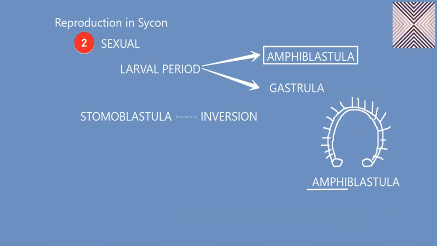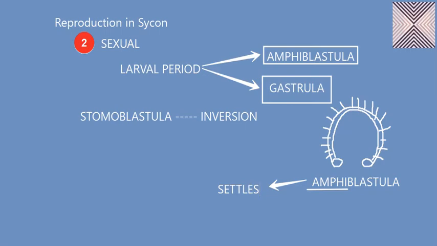Now we start with the second phase, which is the formation of the gastrula. What happens is that this amphiblastula is now free in the water, it swims to some extent, it can go some distance, and after swimming some distance, it performs the gastrulation process. When it swims, then it settles down onto the substratum.